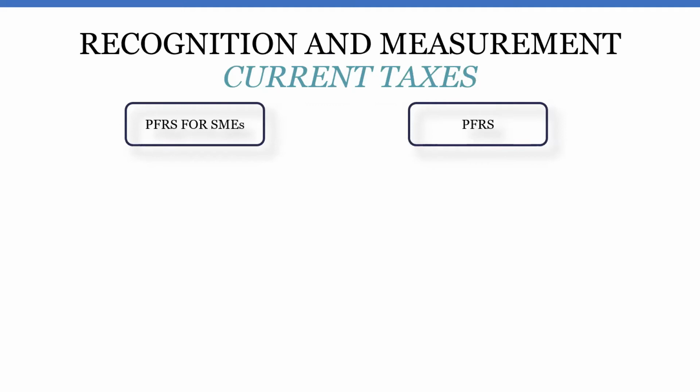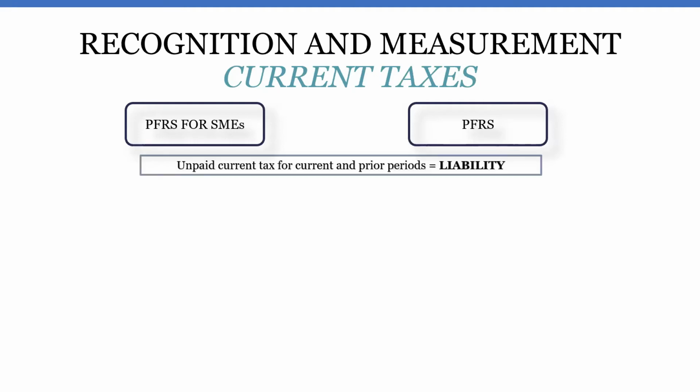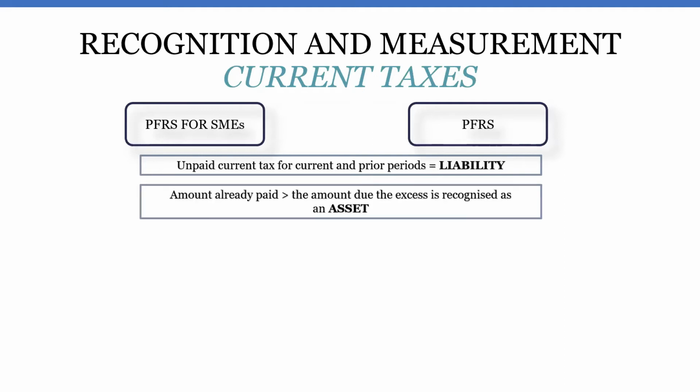Recognition and measurement as to current taxes. Pareho lang sila. Yung mga unpaid current tax for current and prior periods are liabilities. If the amount already paid naman is higher than the amount due, the excess is recognized as an asset.